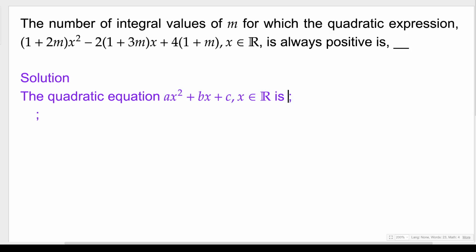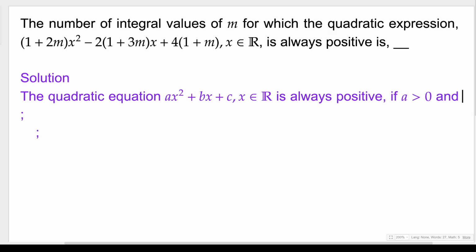This is always positive under the condition that the coefficient of x², that is a, is strictly greater than 0, and the discriminant, b² − 4ac, is strictly less than 0. When this is the situation, the expression ax² + bx + c is always greater than 0.